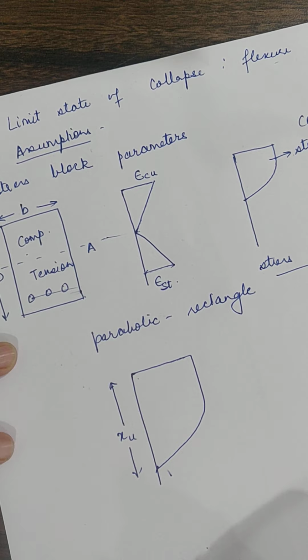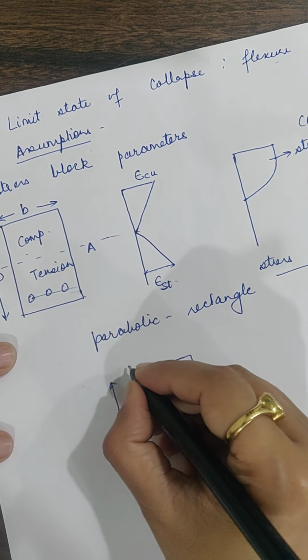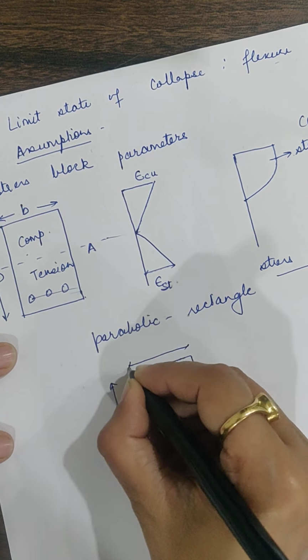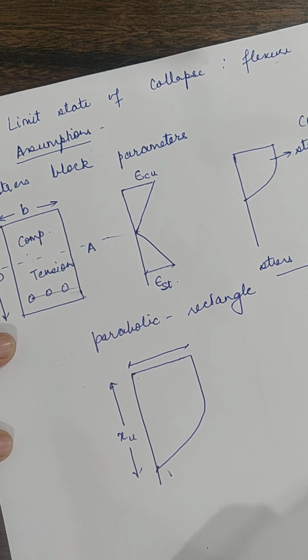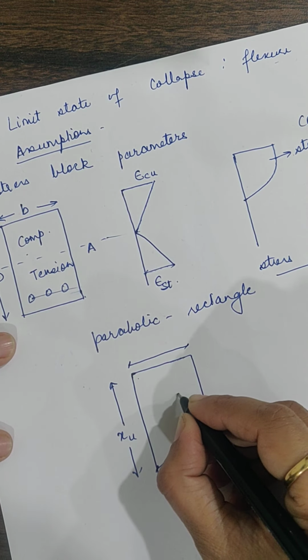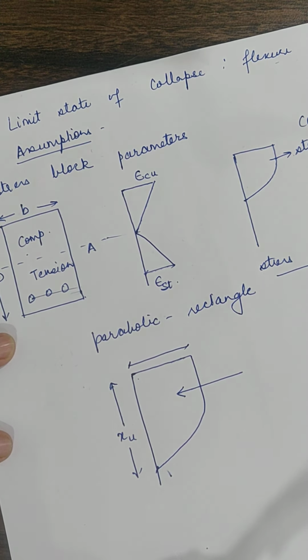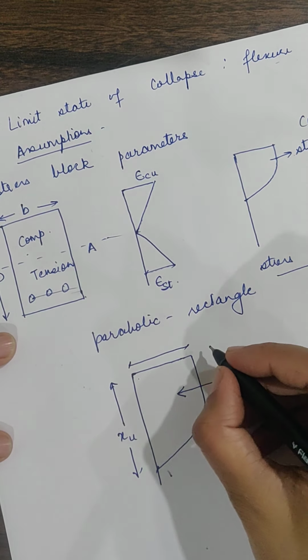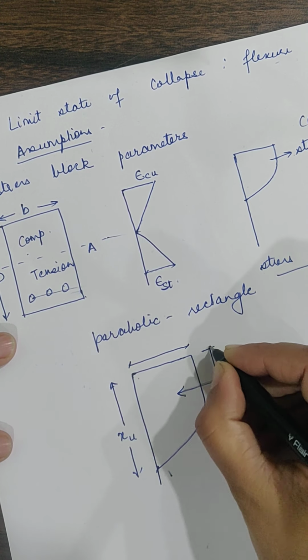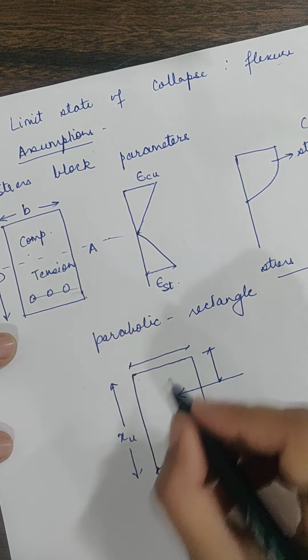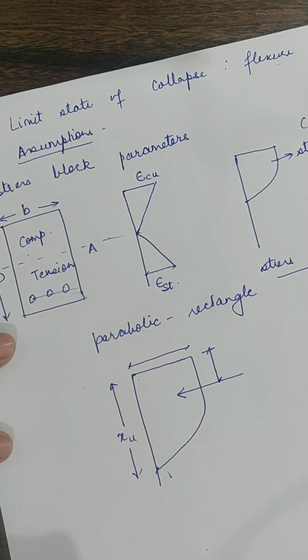The parameters that I want are: how much will be this maximum stress, how much will be the area of this particular stress block so that I get the maximum compressive force that is generated by the stress block, and then what will be the CG of this particular compressive force from the top of the member.